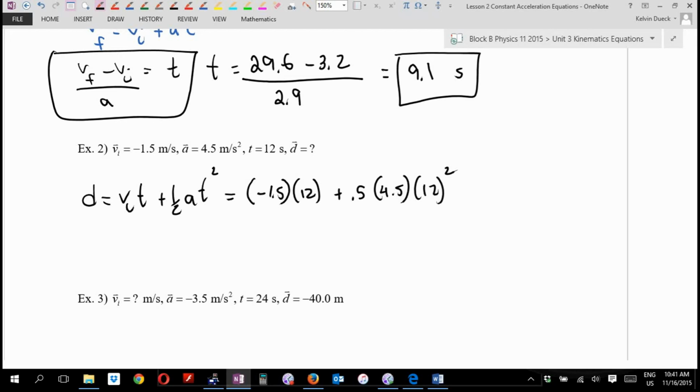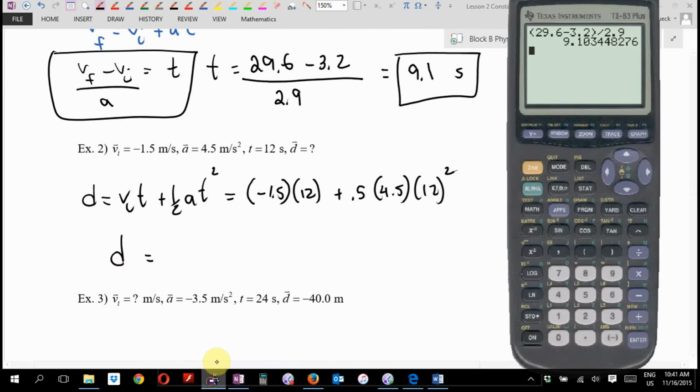Good, plug and chug. Now, you need to make sure you know where your squared button is. You all have one if you've gotten a good calculator. Negative 1.5 times 12 plus 0.5 times 4.5 times 12 squared. And you should be able to just type it in like that. I'm pretty sure you're going to get a positive answer here.